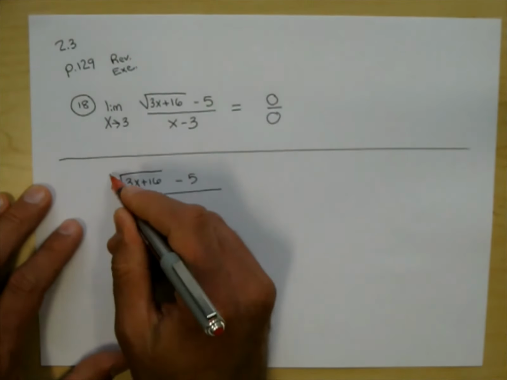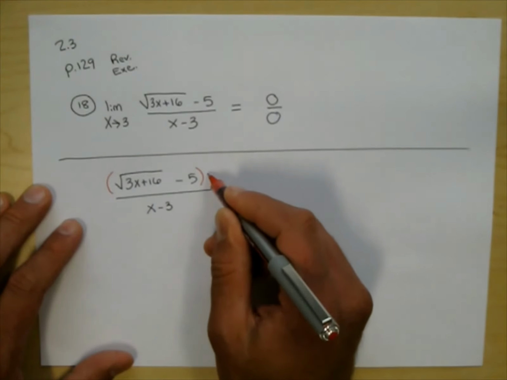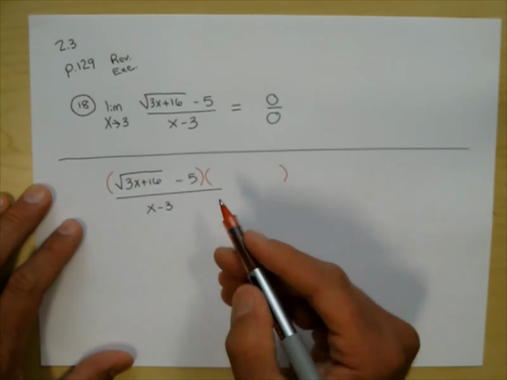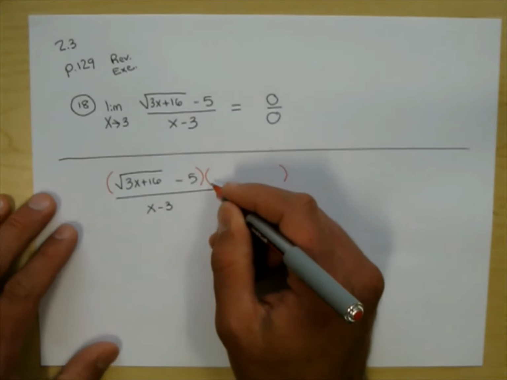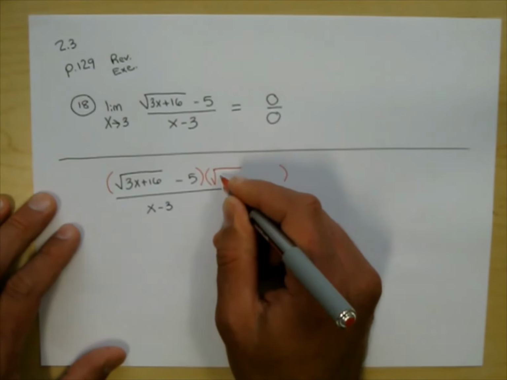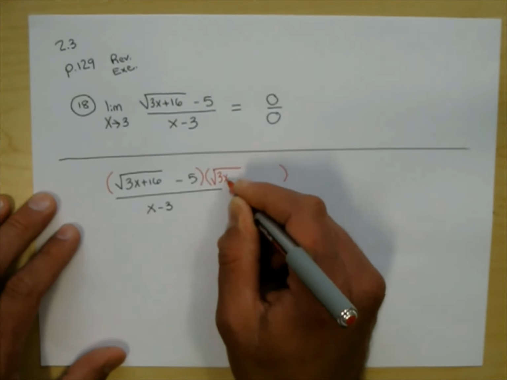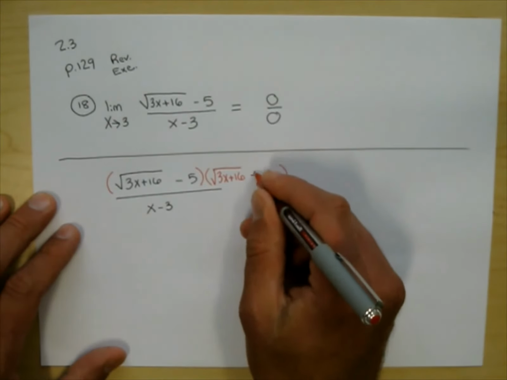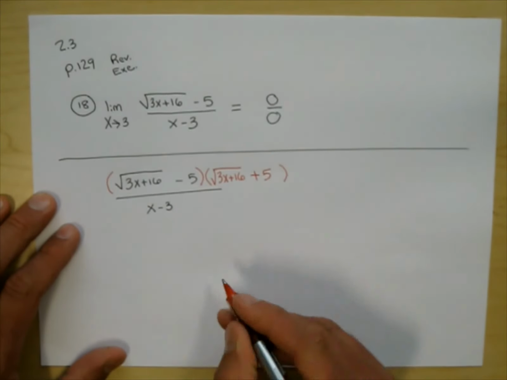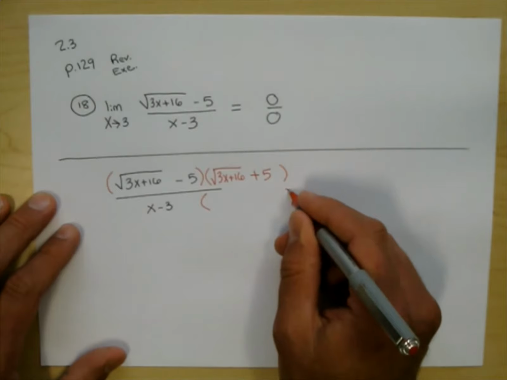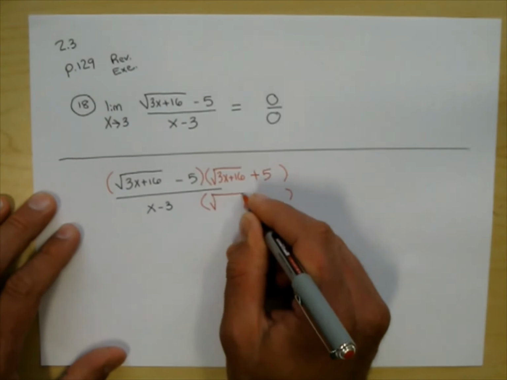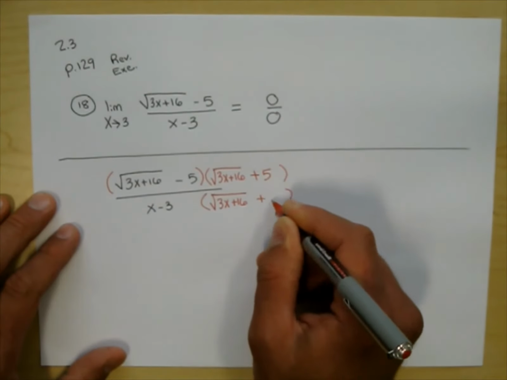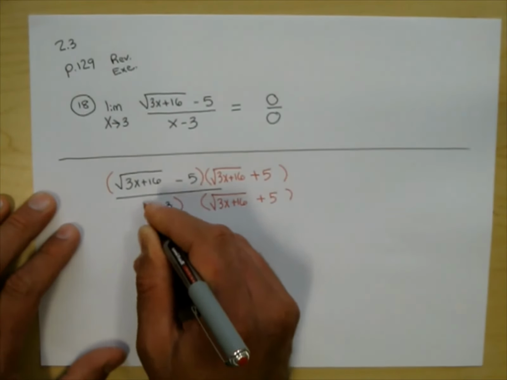So I'm going to rationalize the numerator by multiplying by, sometimes this is called the conjugate, root 3x plus 16, and instead of putting a minus 5, I'm going to put a plus 5 there. And on the bottom, since this is a fraction, I have to do exactly the same thing on the bottom. And I'll put parentheses around that x minus 3.